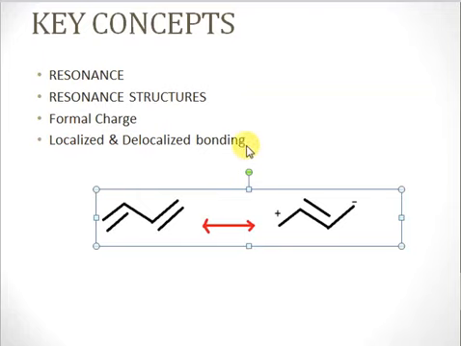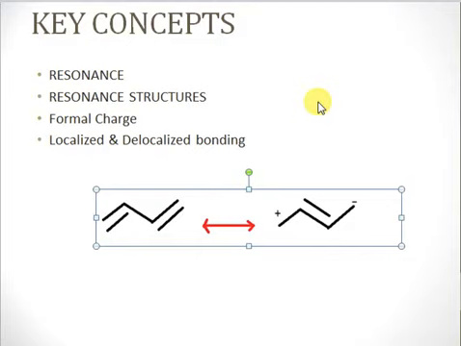So when we make use of 2 or more structures to explain the structure of a real object which cannot be drawn otherwise, this is known as resonance. And the structures we use for explaining that real structure are known as canonical forms.